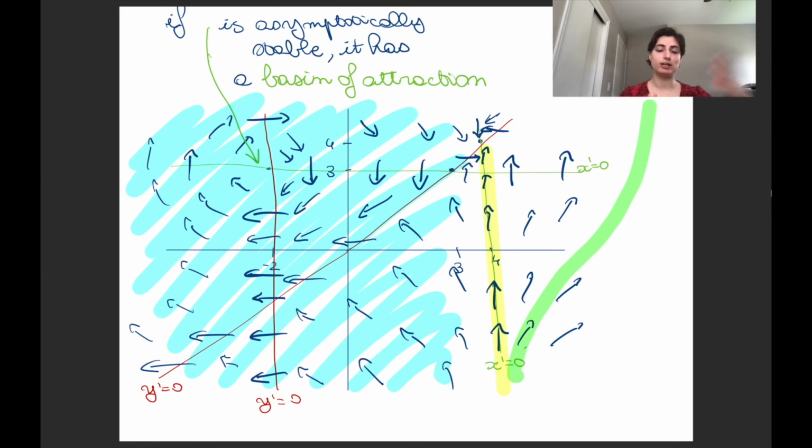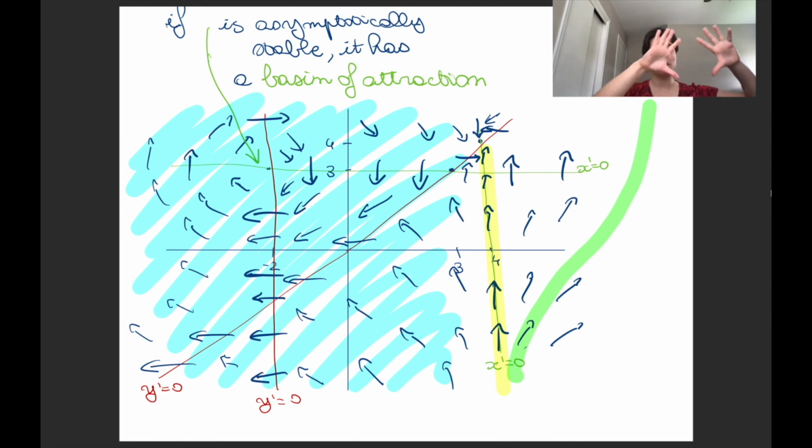So a basin of attraction can have really weird shapes. It just gathers all the points that over infinitely long time are going to get to an asymptotically stable point. We're not going to talk about the fact that a basin of attraction can be very weird, not yet. But we're going to be talking about the concept that a basin of attraction is bounded by a separatrix.